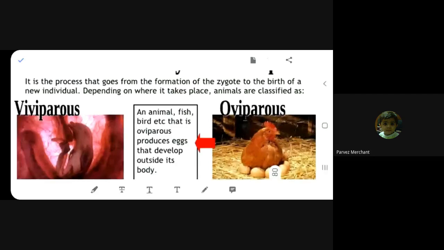Meta means huge, large. Morphosis is morphological characters, in other words, physical appearance. So a huge change in physical appearance is called metamorphosis. Hope you have understood.